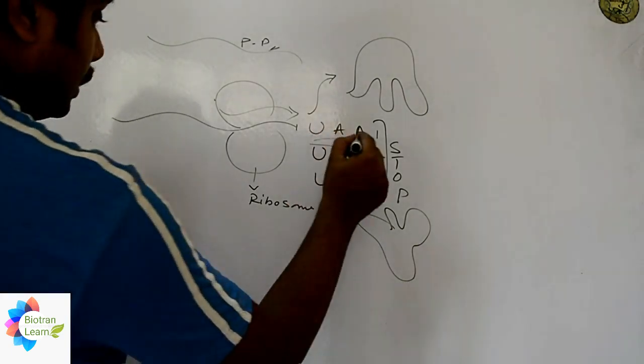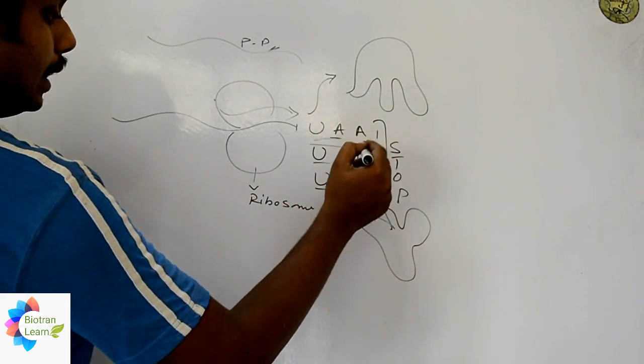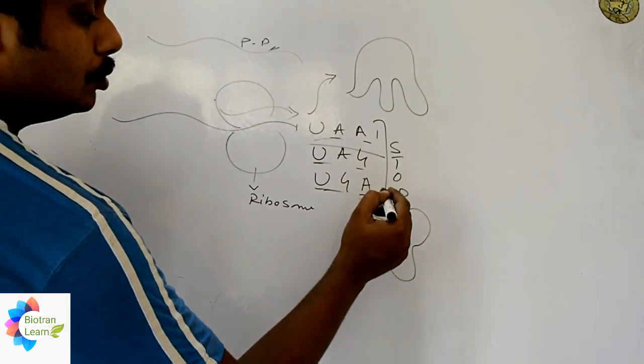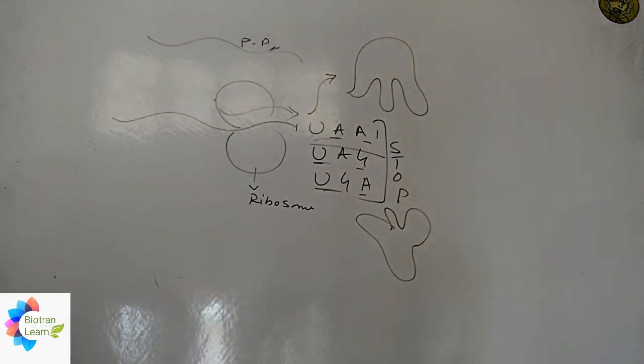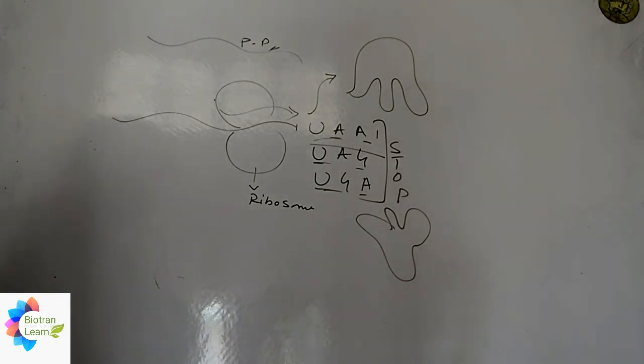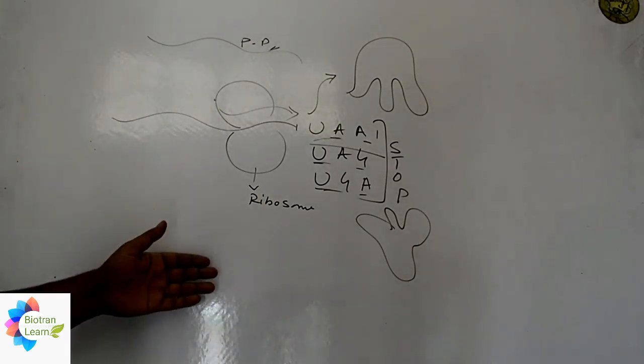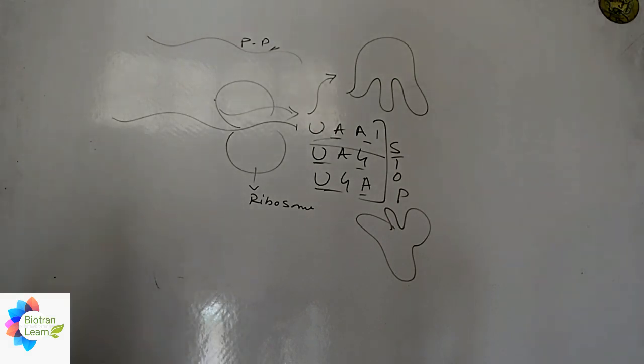So these three codons, UAA, UAG and UGA, are the potential terminators of the translation process, right?